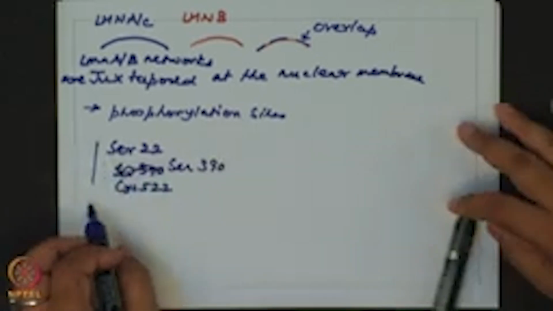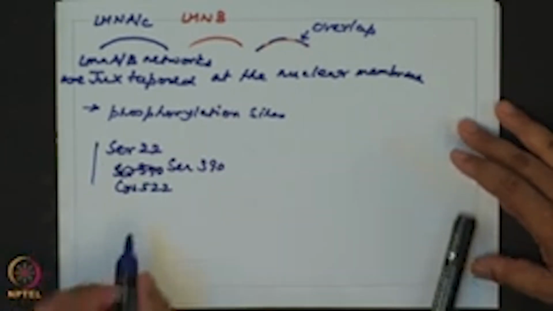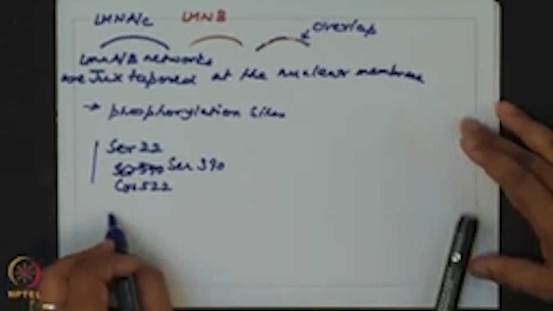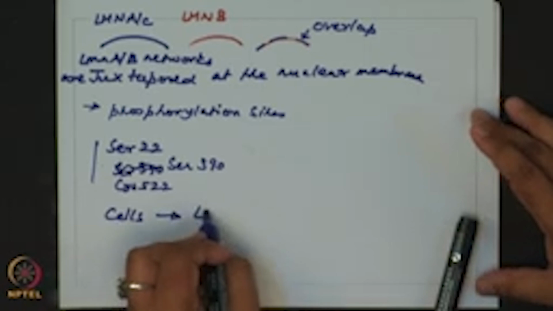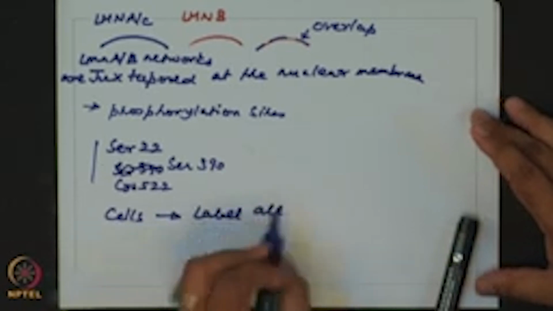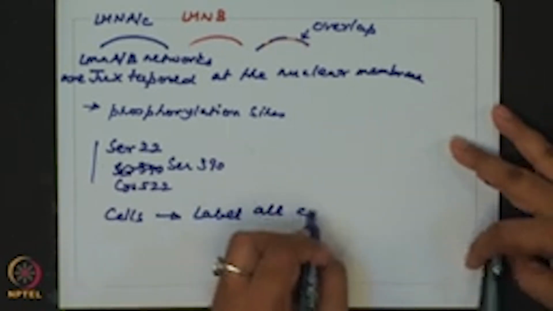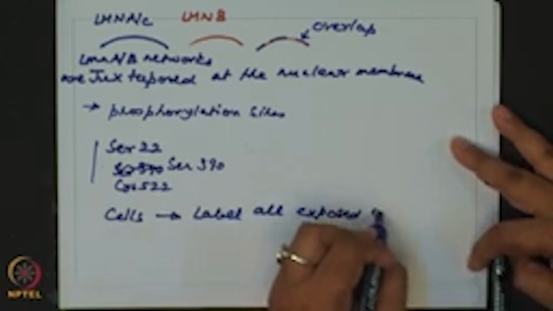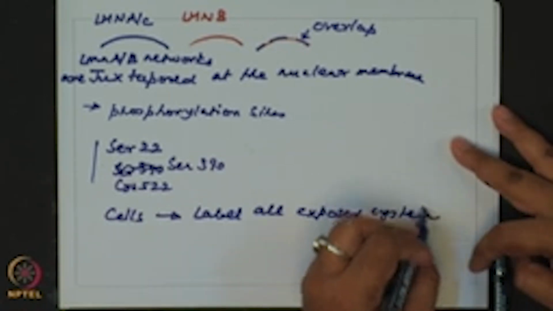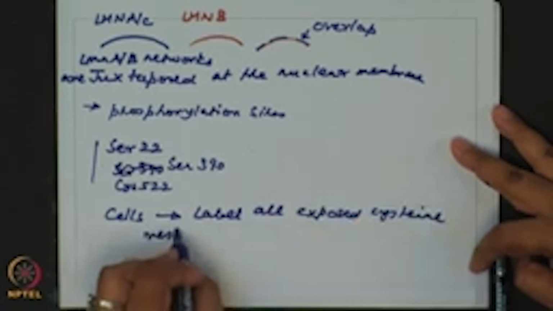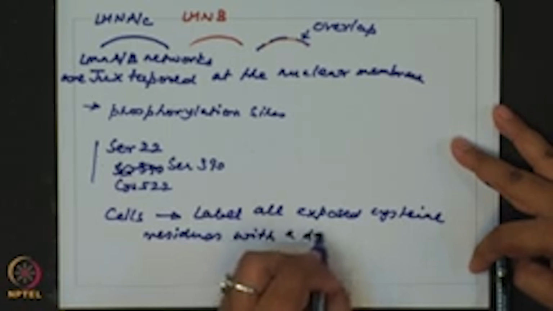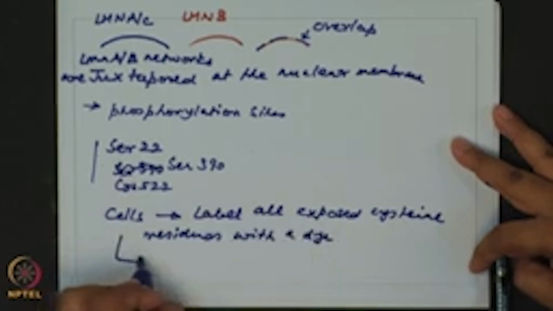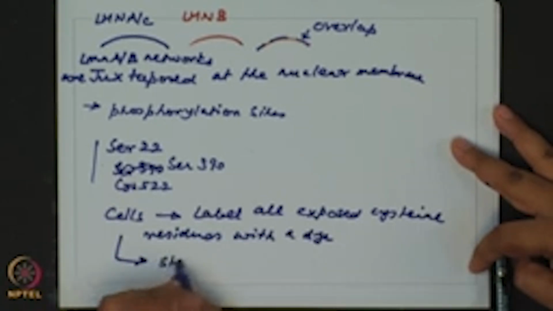What the authors did was an experiment in which they take cells and label all exposed cysteine residues with a dye, and then subject the cells to shear stress.